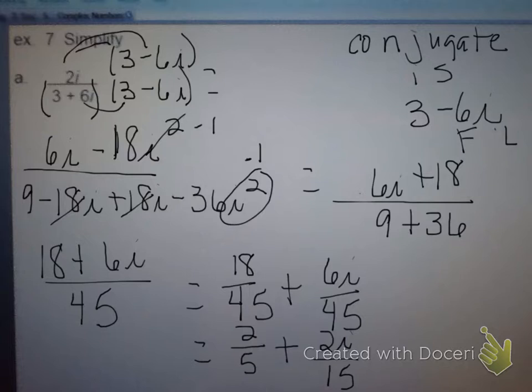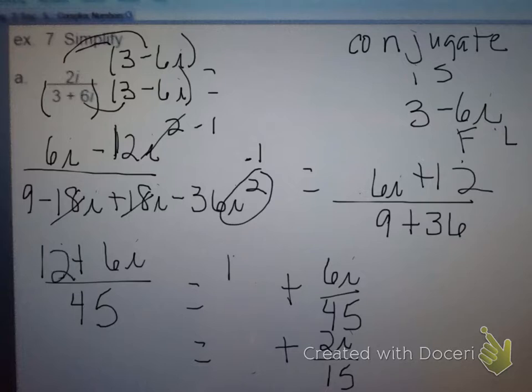Okay, I found an error. This should be 12. I don't know how to multiply. Okay, 3 goes into 12 4 times, and 3 goes into 45 15 times. Now, if you wanted to, you could go back and put it over one denominator. That is the way it's probably written in the back of the book, the answer.